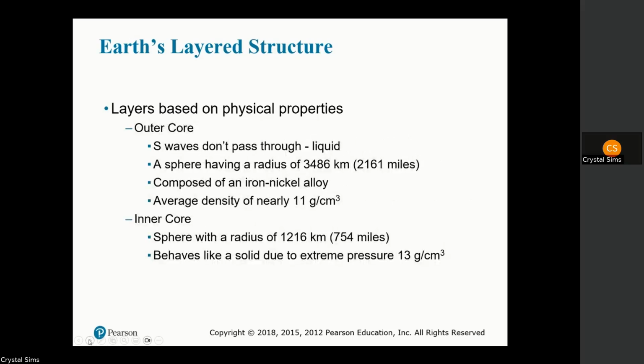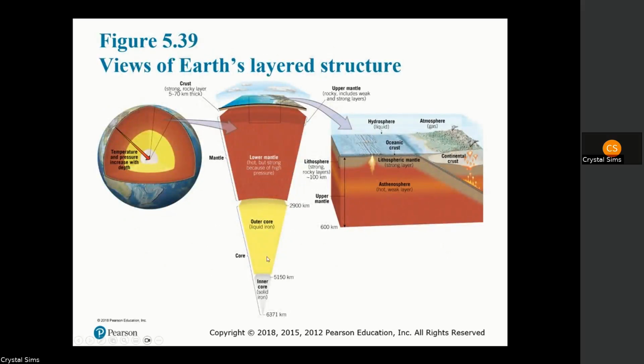And then when we look at the core, the outer core, the S waves can't pass through this because it's liquid. It is composed of an iron nickel alloy. And then the inner core behaves like a solid, even though it's liquid, because there's so much pressure being exerted by all of the other layers.